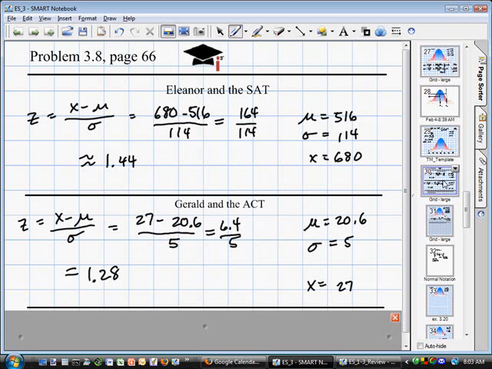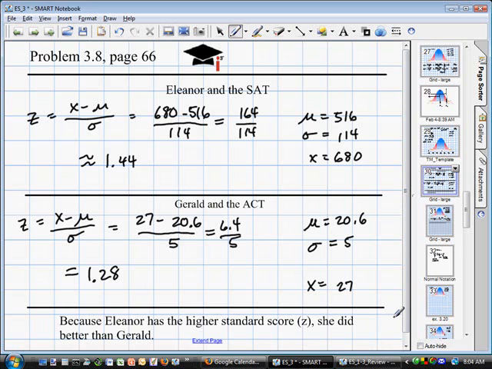This is what's really cool about standardizing and standard deviation: you can take totally different things and actually make a comparison. The result is that Eleanor did better because she has the higher standard score.